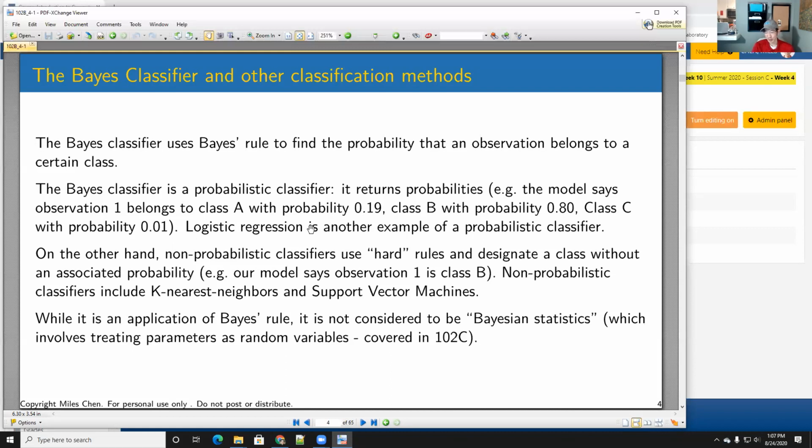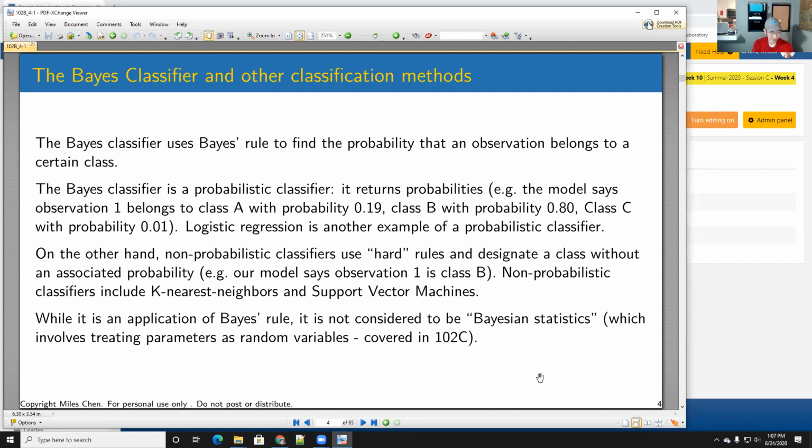Okay. Well, let me change it so you can chat to everybody. Yeah, logistic regression. Well, maybe 101A. I don't know.